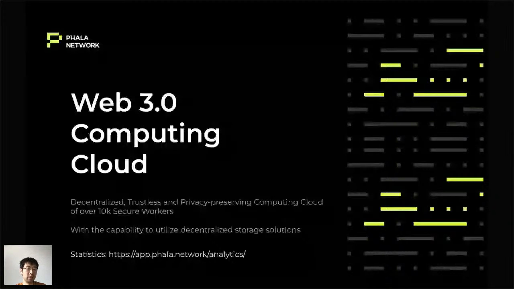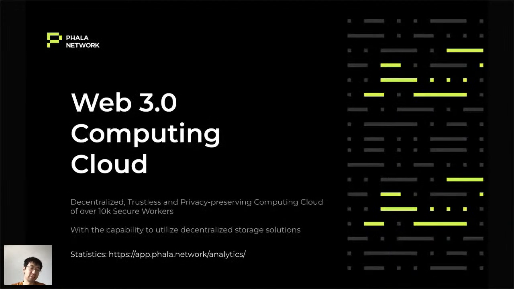And now in our network, there are about 13,000 secure workers for you to use. So there is a lot of computing power for you to use. The Phala Network itself is focused on the computing part.